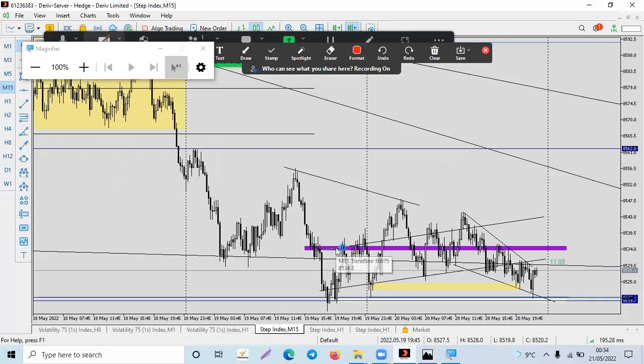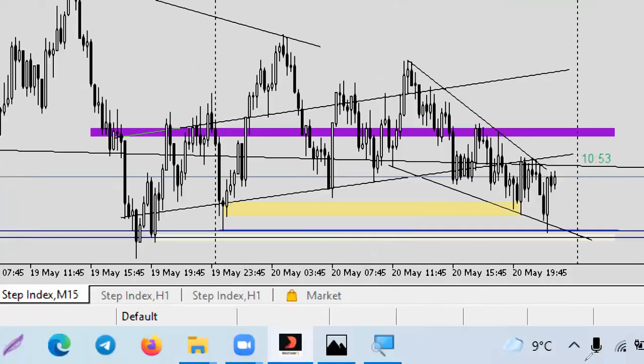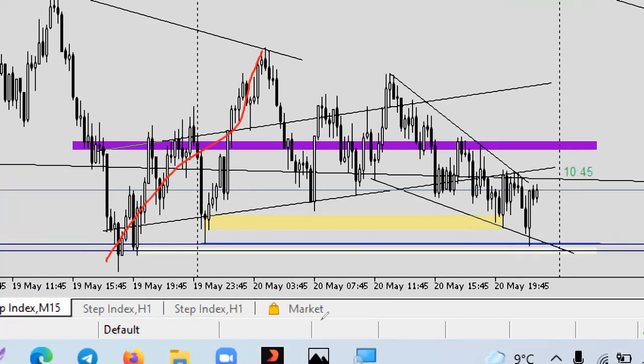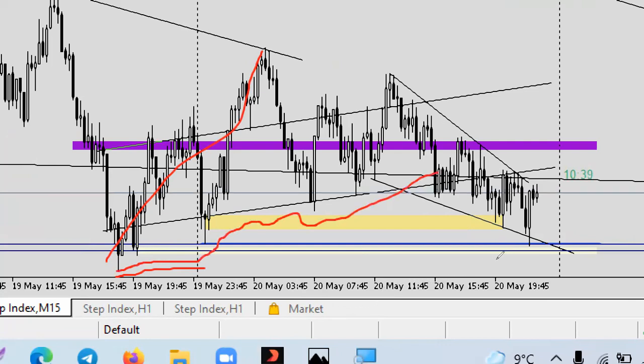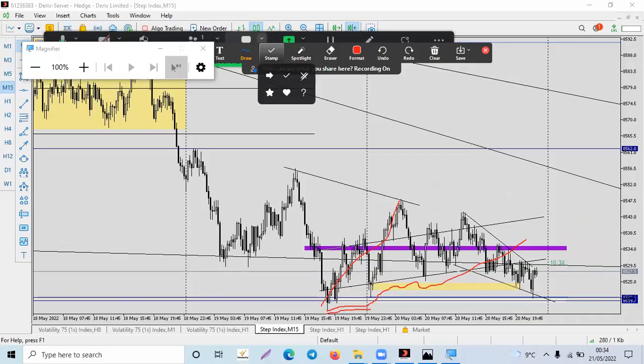We saw that in this particular area on Step Index, Step Index made a rally upward, but on its way up, it kept on building trend line liquidity all the way up.